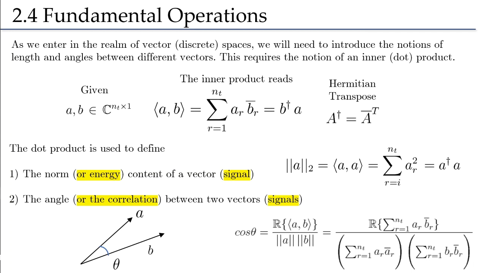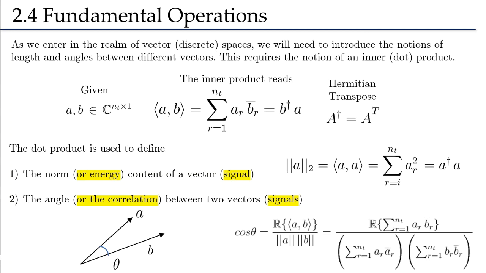The second is linked to projections or degrees of similarity. We can use the inner product to compute the angle between two vectors or two signals here. You might remember from high school that the cosine of the angle between two vectors is the real part of the inner product over the product of the lengths of the two vectors.